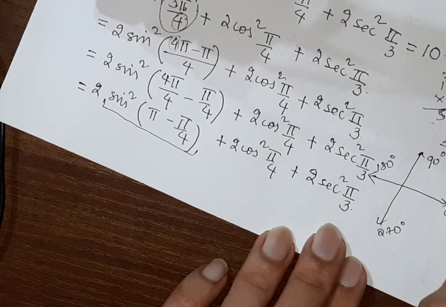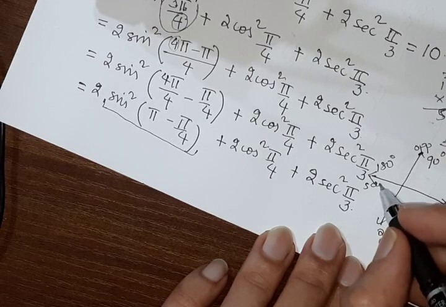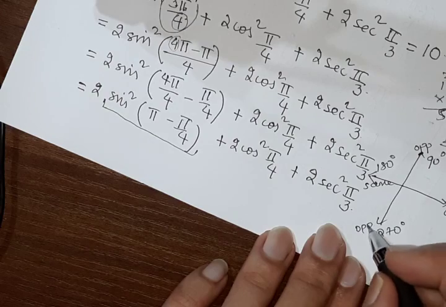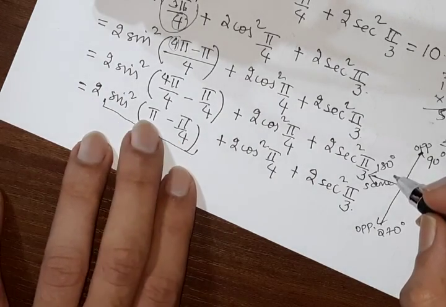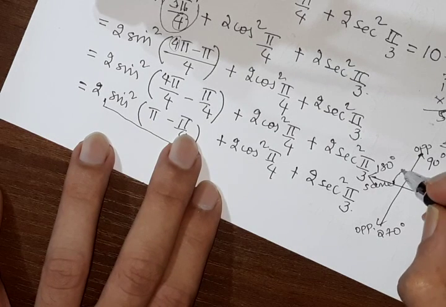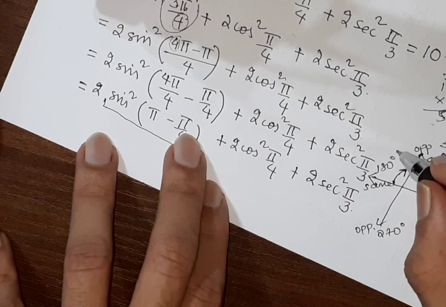Here it is same, then opposite, same, opposite, okay. Now pi minus pi by 4 it is, so 180 minus some theta, so which quadrant you are going?